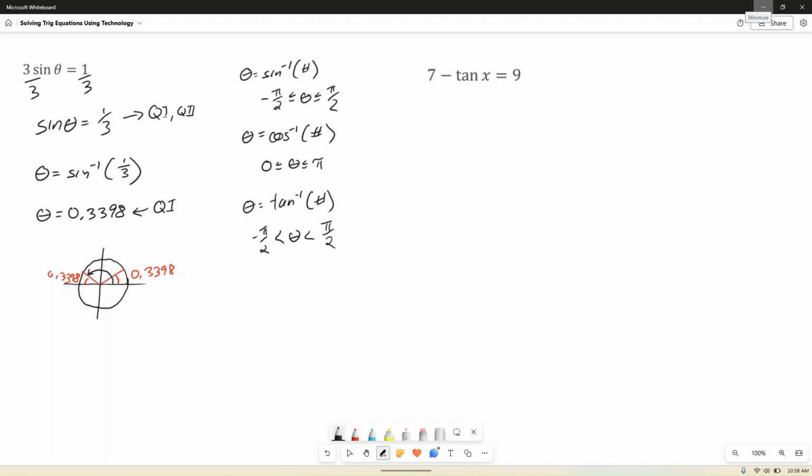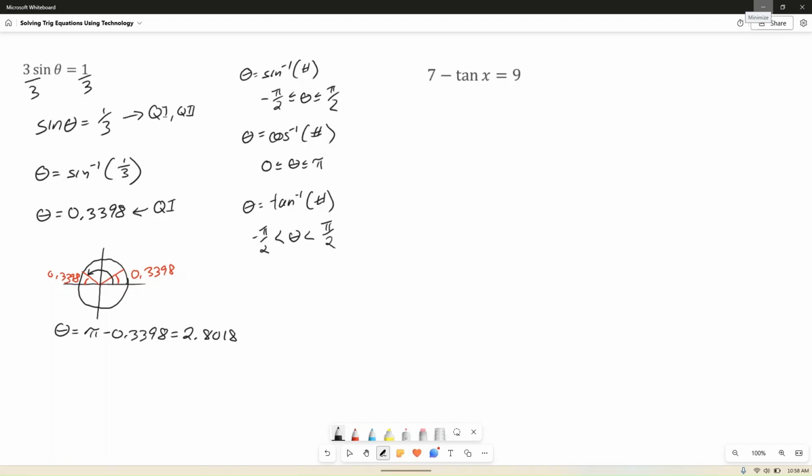We're going to stop 0.3398 radians before the negative x-axis. So that means our second theta is going to be pi minus 0.3398. And if we compute that, we will end up getting that the second theta is equal to 2.8018.